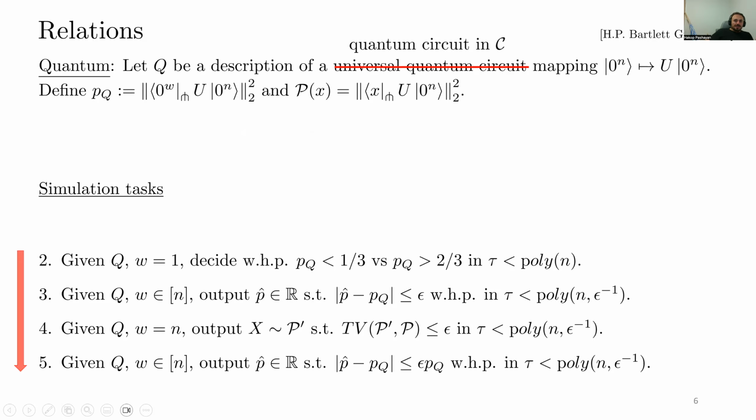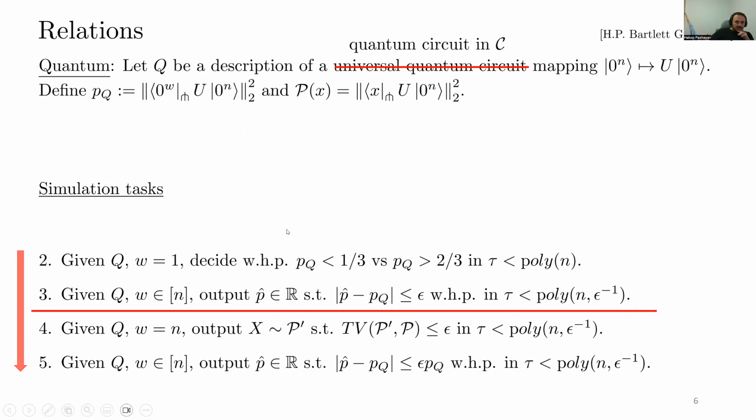And so in this setting, in this paper, we showed that all these problems obviously get harder as you go down the list. And in particular, if you had an oracle for doing one of these, you could always do the ones above using this oracle.